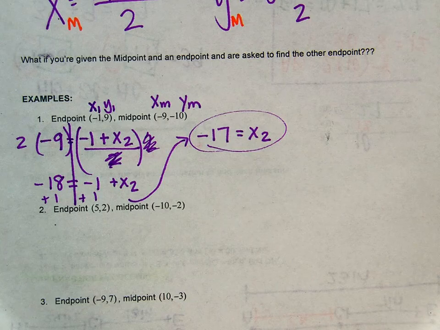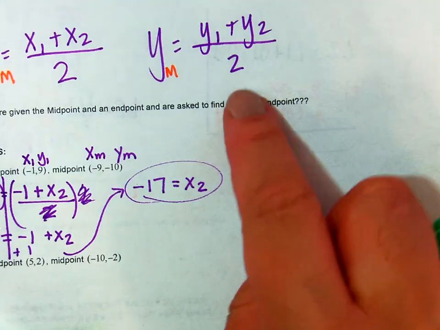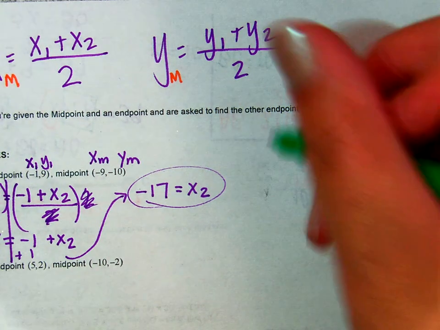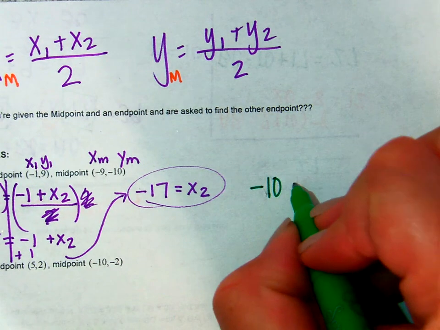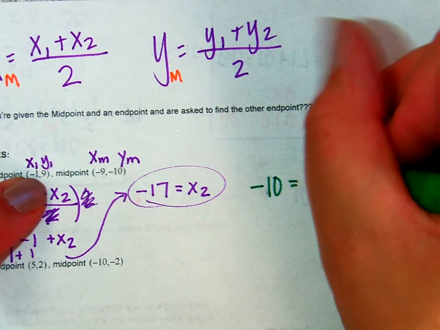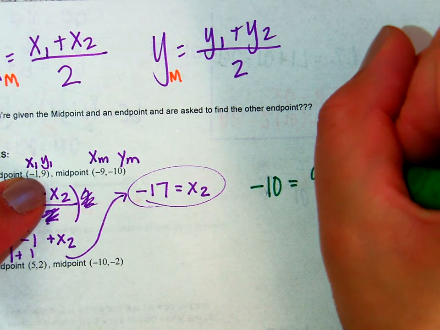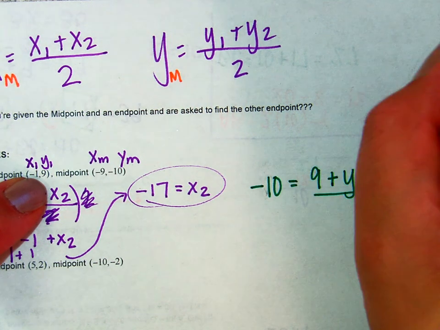Okay? I still have to solve for the y part of the endpoint. So we're going to plug it into the y equation right here. So we have negative 10, because that's ym, equals y1, so 9, plus y2, divided by 2.